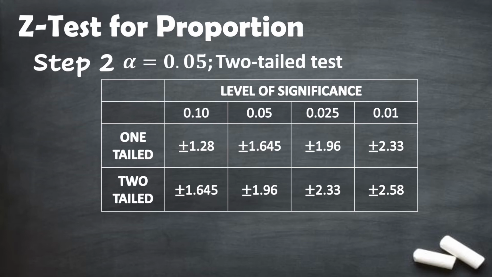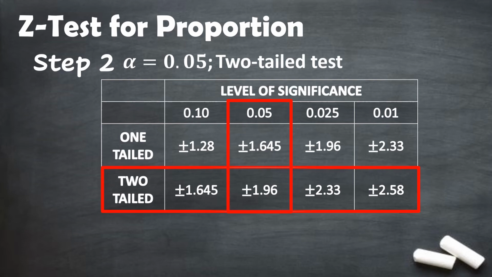Going back to step 2, we have alpha level as 0.05 and a two-tailed test. Meaning, we draw an imaginary vertical line passing through 0.05, and an imaginary horizontal line passing through two-tailed test. The intersection of the horizontal and the vertical line is the value for our z tabular.